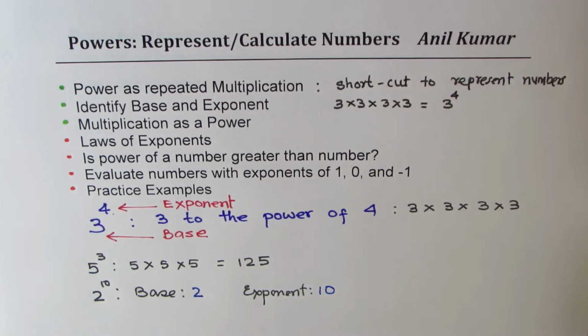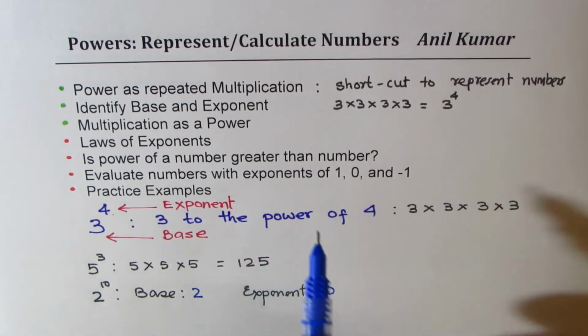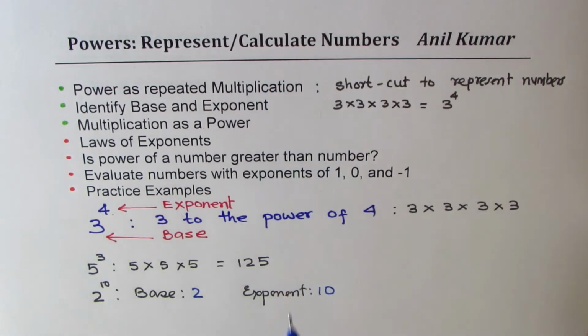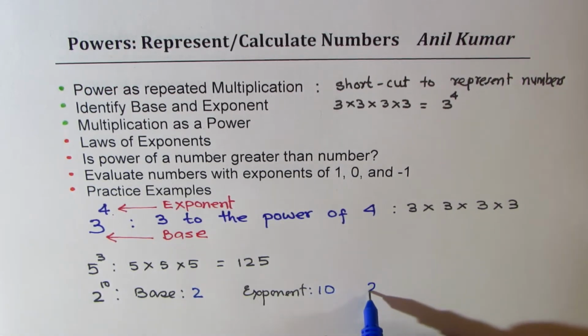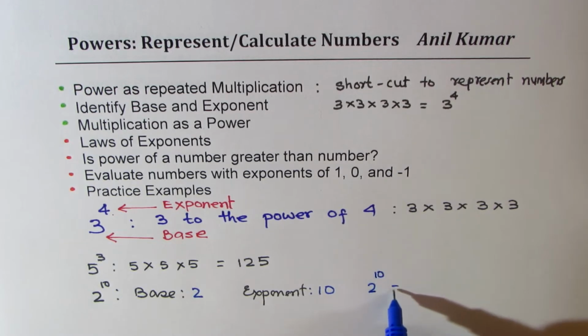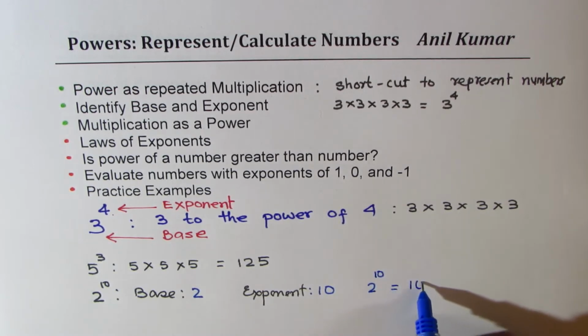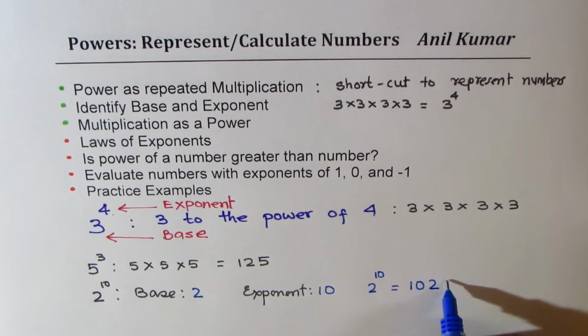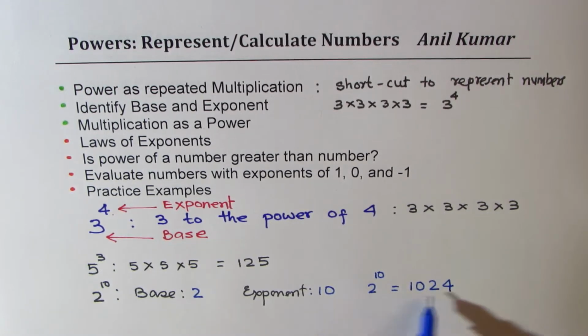Now if you want to evaluate, or calculate this number, you can multiply 2 by itself 10 times. You'll find that 2 to the power of 10 is a very big number, very close to 1000, 1024. To get this, you'll have to do 2 times 2 times 2 times 2, and there should be 10 2's when multiplied.